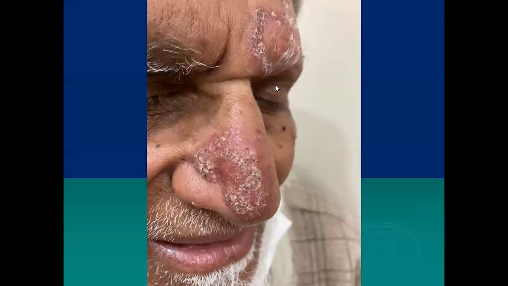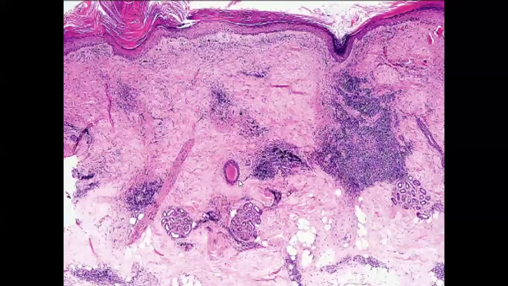Another condition which is characterized by small follicular hyperkeratosis, along with scaly plaques and areas of atrophy, is DLE, or discoid lupus erythematosus. Histologically, on top, we would find areas of follicular plugging.